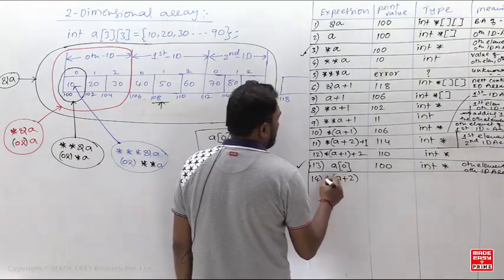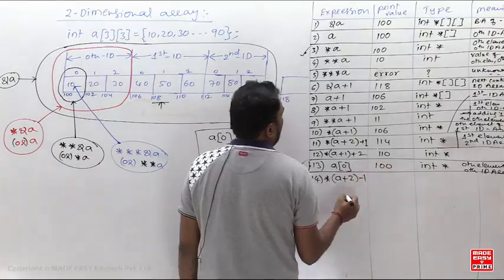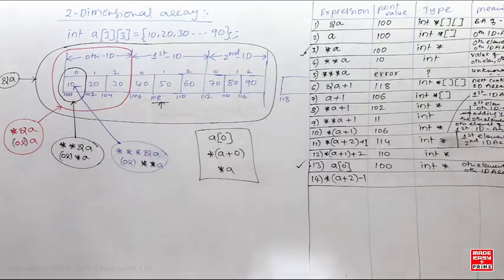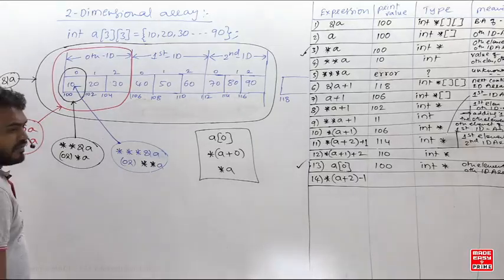Star of (a plus 2), minus 1. Interesting. Star of (a plus 2), minus 1. What's the answer?